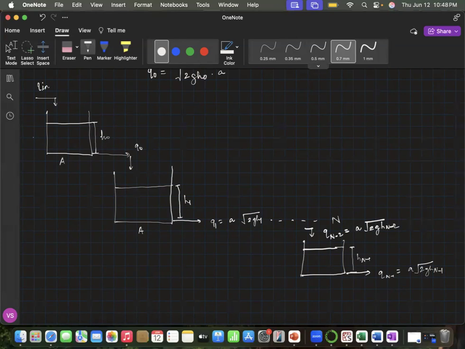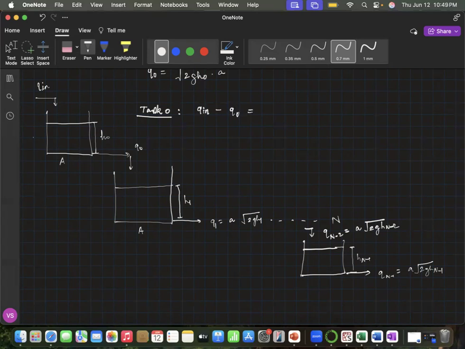So let's just do a volume balance. Considering incompressibility, let's balance the volumes. For tank 0 over here, the volume balance becomes whatever is coming in minus whatever is going out is equal to whatever stays, which is dV by dt.